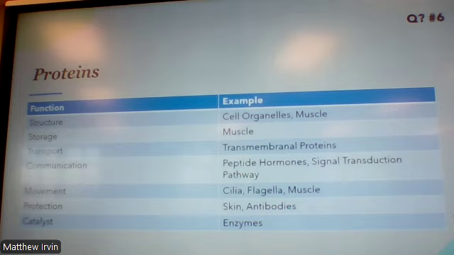Communication: hormones in the signal transduction pathway, our peptide hormones. Movement: cilia and flagella on cells. Protection: antibodies in our immune system. And most importantly is their role as a catalyst in metabolism, with enzymes.